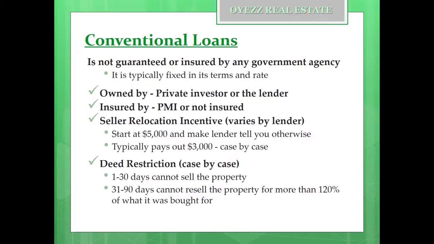Now the 90 days and the 120% doesn't mean that the buyer who buys it can't market and show the property and things like that. You just cannot transfer the deed within the set days that are issued in that approval letter. And the title company will have to put the deed restrictions into the deed when they convey the house at closing. So it's written right there.